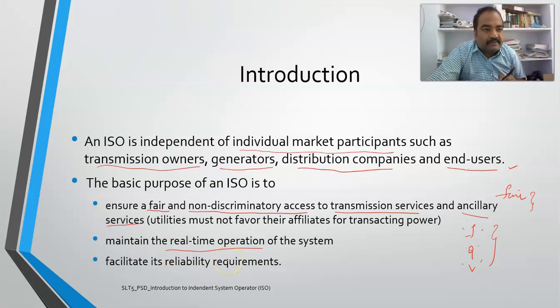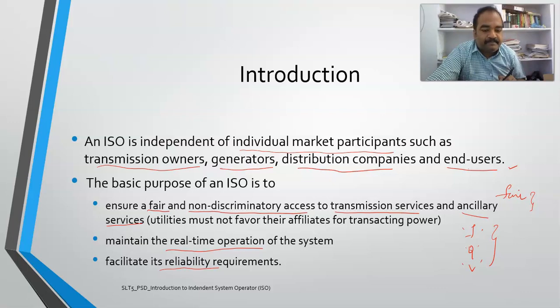Once he collects the bids, finalizes the bids, and informs the GENCOs and DISCOMs, on the day of delivery he maintains real-time operation. He monitors the dispatch of electricity from seller to buyer. At the same time, he also facilitates the reliability requirements. So he ensures that the system is reliable, not overloaded, and everybody gets the electricity as per the shortlisted bids.